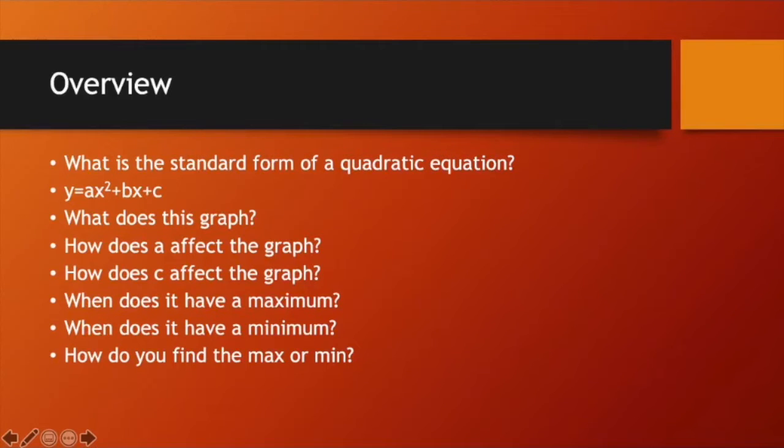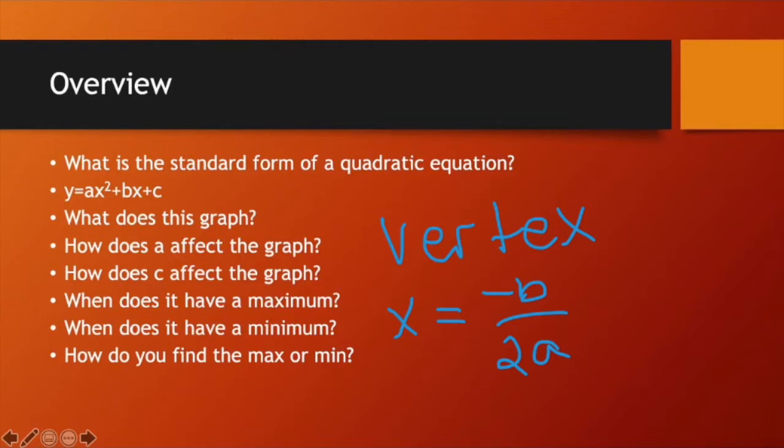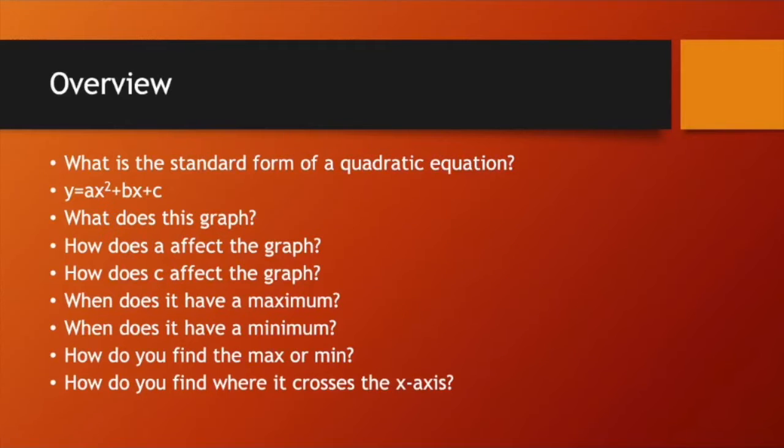So how do you find that maximum or minimum point? If you remember, a maximum or minimum is the same as the vertex. The vertex can be found by finding the x-coordinate of the vertex using the formula negative b over 2a. Once you find that x value, you plug it into the x values in the equation. How do you find where it crosses the x-axis?